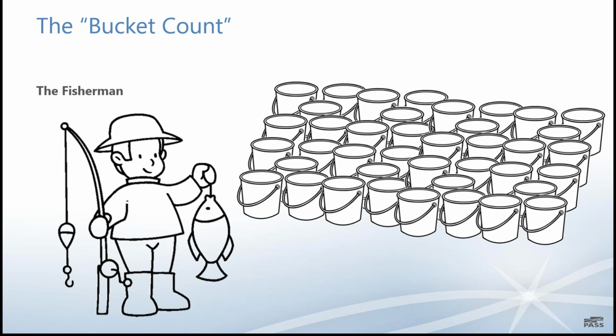So to explain this better, I'm going to tell a story about a fisherman. This guy in the picture here is Bob. Bob used to be a DBA, and he heard rumors about DBAs losing jobs in the future because of the cloud and big data, all this stuff, and he decided to become a fisherman.